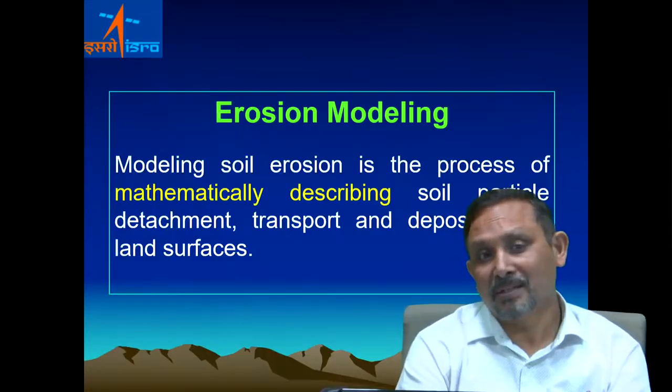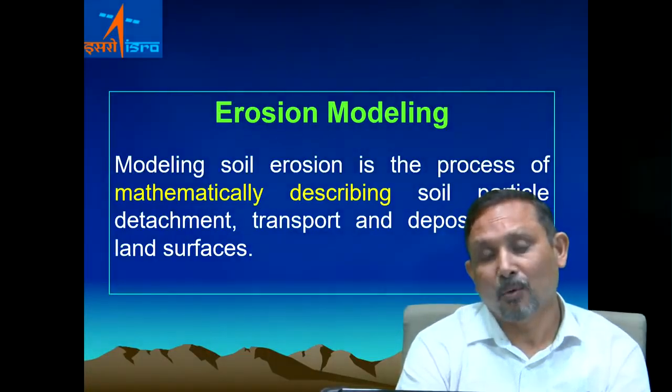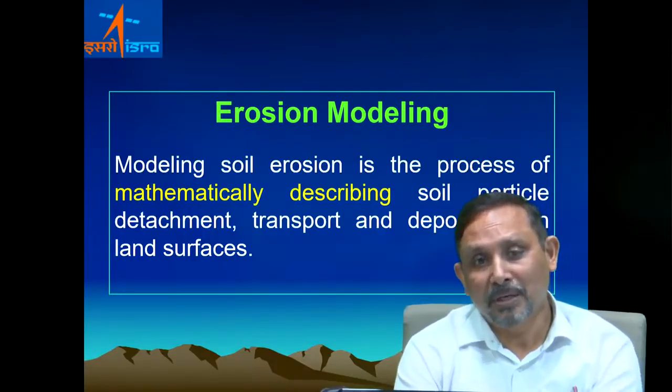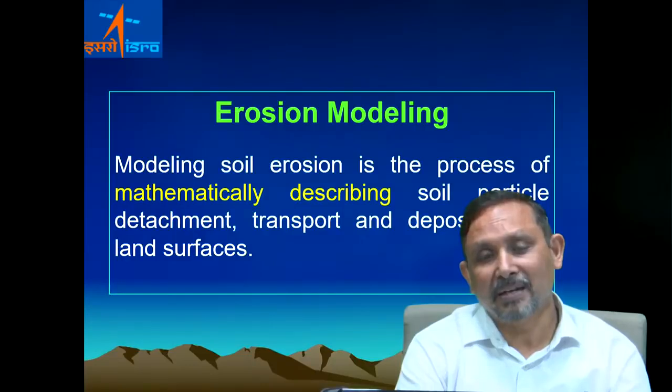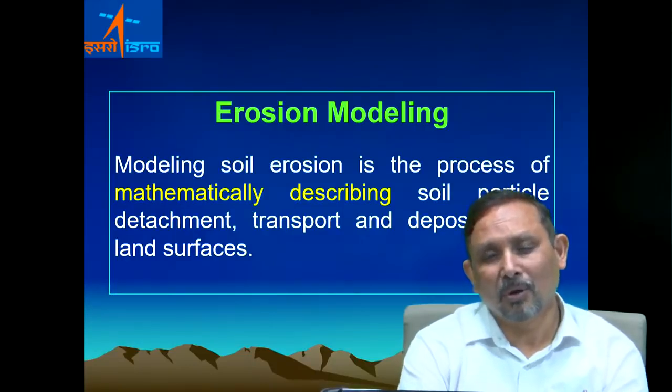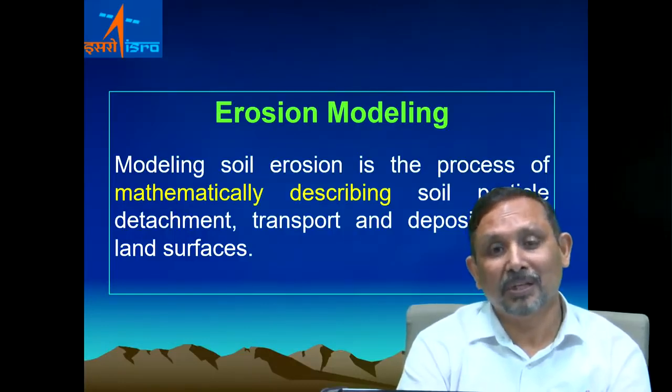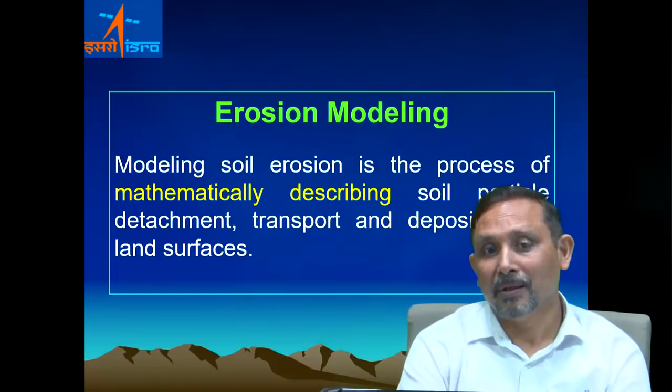For each process, how it detaches, what energy it will require to detach the soil particles, how it will transport, and where it will deposit. If you solve those equations mathematically, then you can calculate the soil erosion. But solving those equations is not so easy.